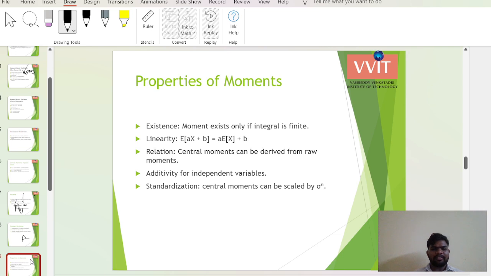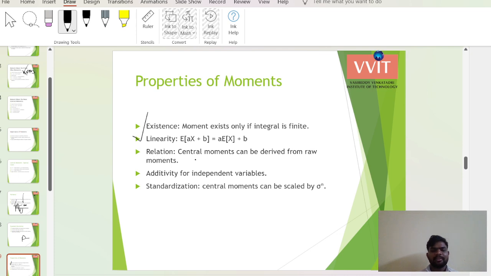Let's go to the properties of moments. Moments exist only if the integral is finite. That is linearity. This is the linearity property. E of ax plus b is equal to a into e of x plus b. This formula is the same as multiplication with a constant.